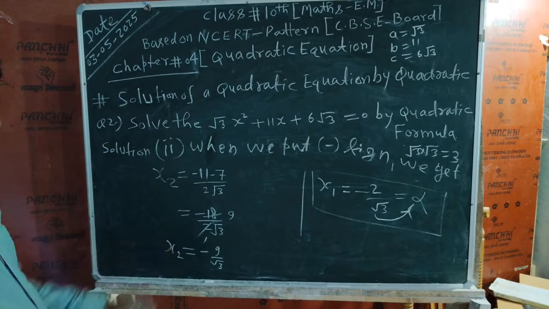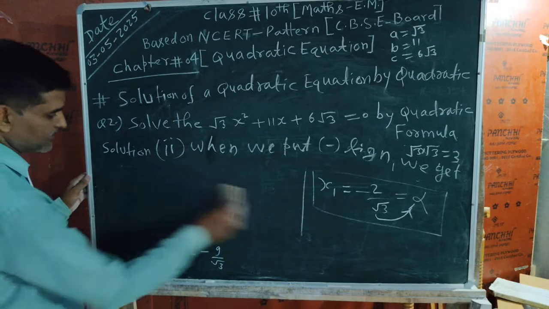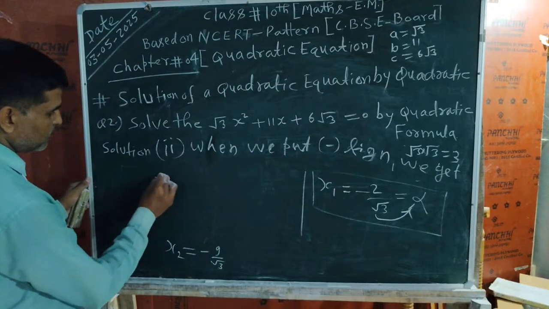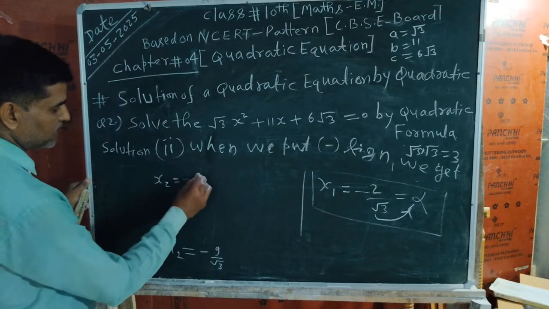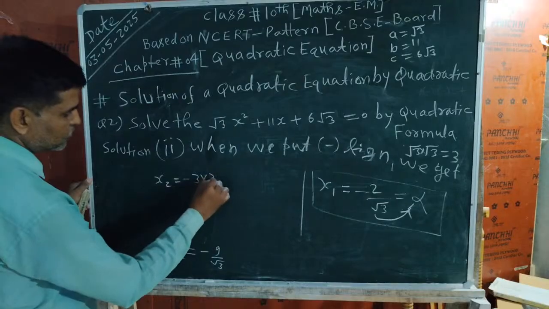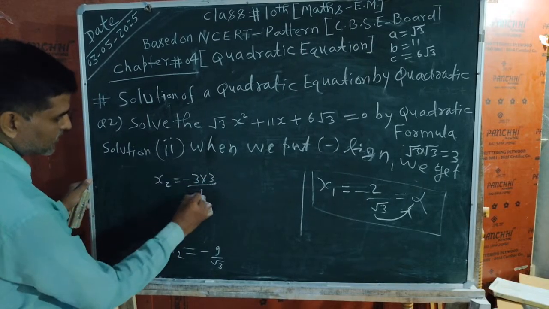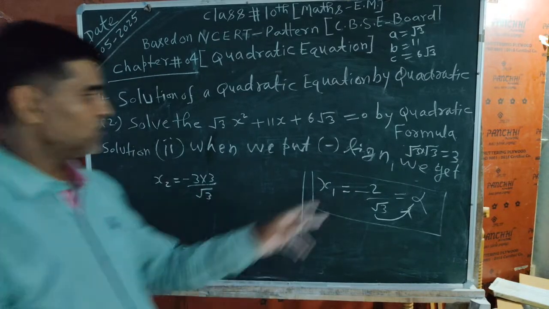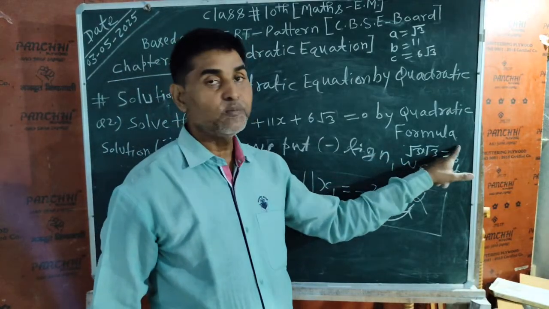Again I can simplify it, because every data I am erasing and this data I am going to simplify. Now x2 is equal to minus 9, and minus 9 can be written like this: 3 into 3 divided by root 3. Now every student knows root 3 into root 3 becomes 3.